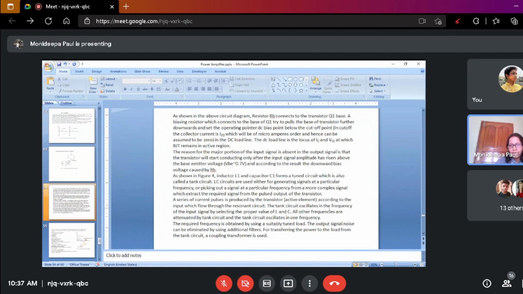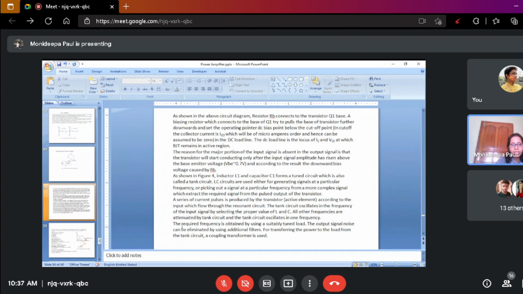The tank circuit oscillates at the frequency of the input signal by selecting the proper value of L and C. All other frequencies are attenuated. Attenuated means they are blocked. They can't pass through the output circuit, and the tank circuit oscillates at one frequency. The required frequency is obtained by using a suitably tuned load.